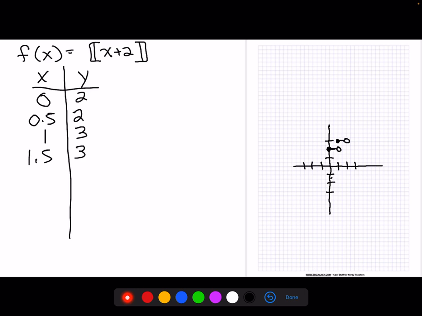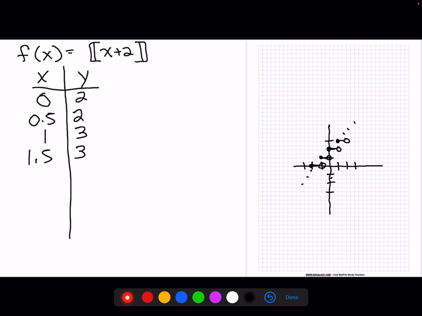Or going the other direction, you would have a stair step going like this. Because let's say you plugged in -2. Well, -2 plus 2 is 0. And then anything you plug in between -2 and -1 would still spit back 0. When you plug in -1, you get 1. So it goes up. So it just continues in that pattern.